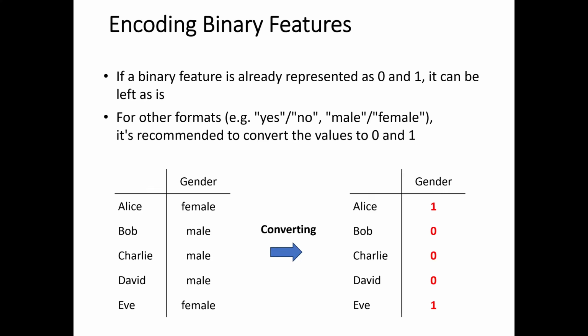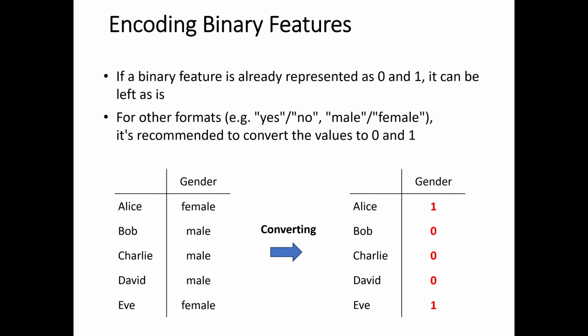In most cases, it doesn't mathematically matter which value is coded as 1 or 0. However, if one of the values represents the presence of a certain property, it's better to code it as 1 for easier interpretation. For example, if a feature indicates the presence of a disease, it's more convenient to encode it as disease equals 1 and no disease equals 0.